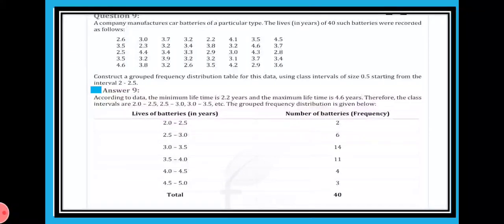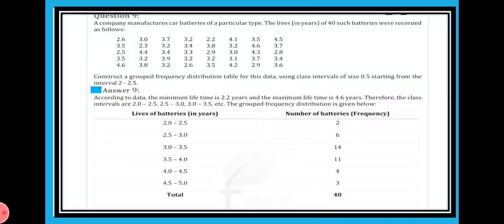The class intervals are 2 to 2.5, 2.5 to 3, 3 to 3.5, 3.5 to 4, 4 to 4.5, and 4.5 to 5, because the maximum lifetime is 4.6 years, so we have to select till 5.